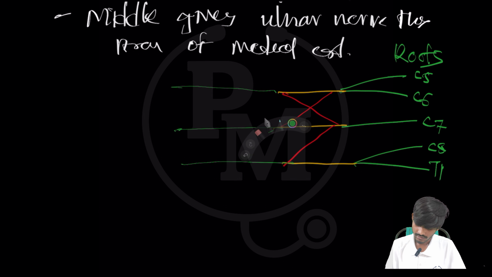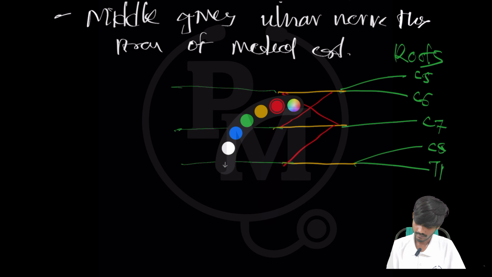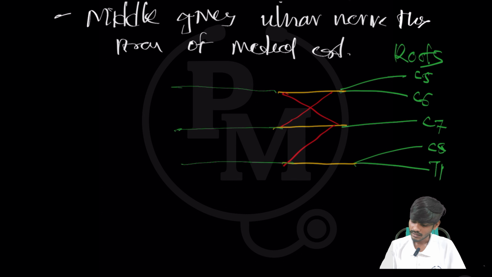Let's see about branches. In the roots, C5, C6 upper roots give dorsal scapular nerve, and C5, C6, C7 give long thoracic nerve.